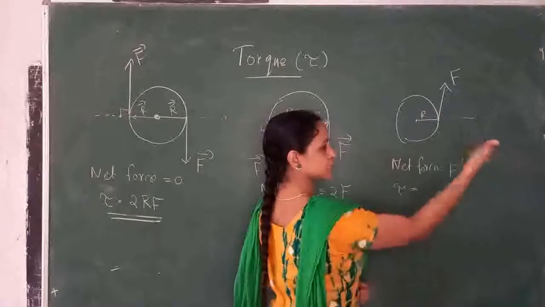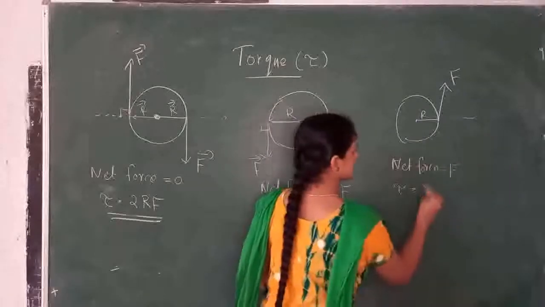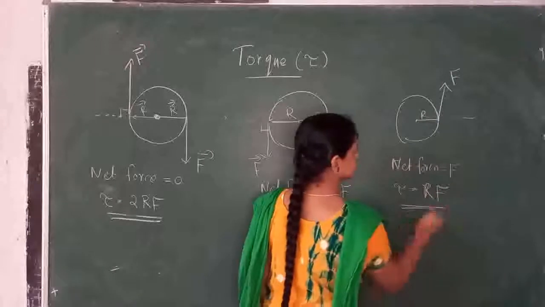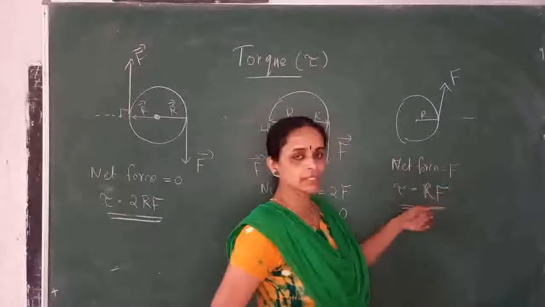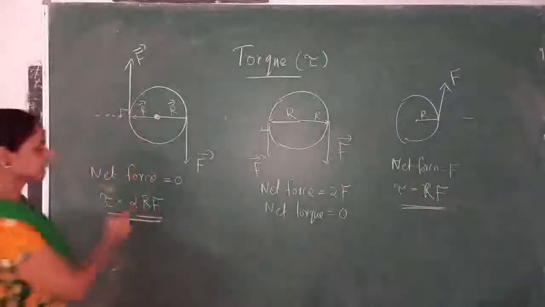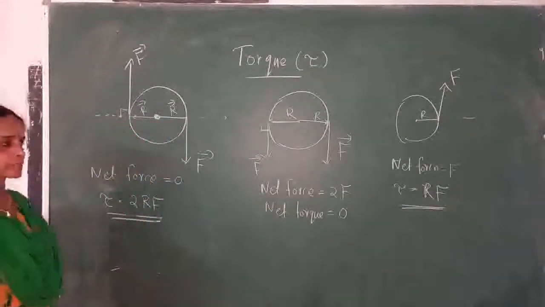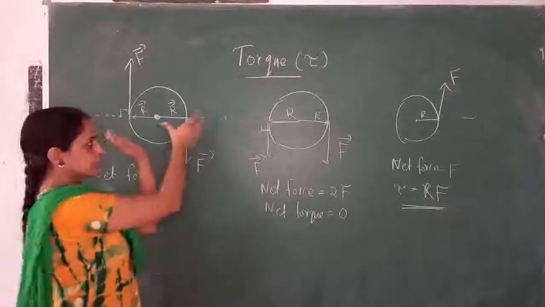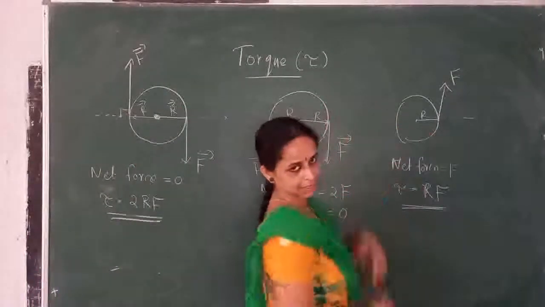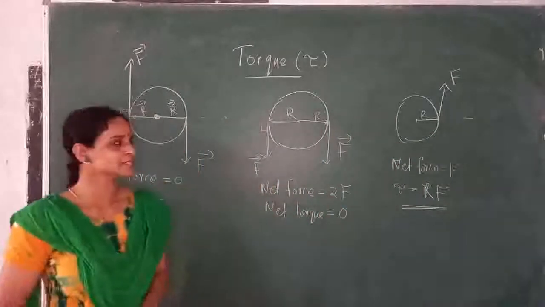R cross F, that is out of the plane, that is RF. Force and torque both are present. Here no torque, here no force. These are the three representations. There may be this condition, this condition, or this condition. So these three conditions will be there.